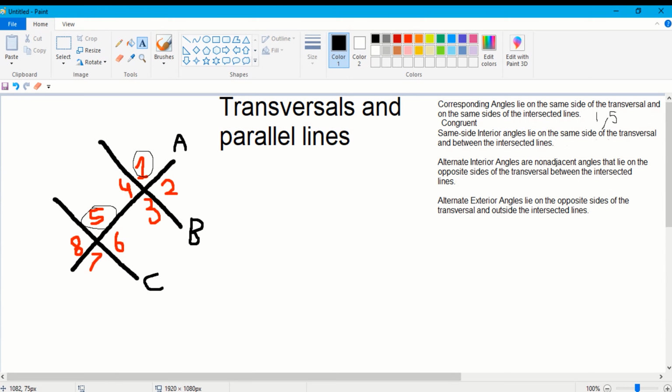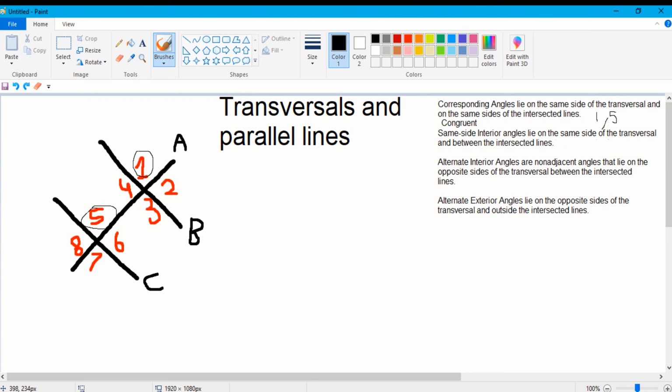Now let's do same side interior angles. Same side interior angles lie on the same side of the transversal and between the intersected lines. So, for example, angles 3 and 6 are same side interior angles because they are in the interior, which is this part and this part, they are both interiors, and anywhere from here to here are exteriors.